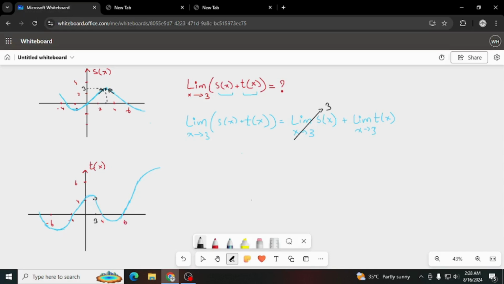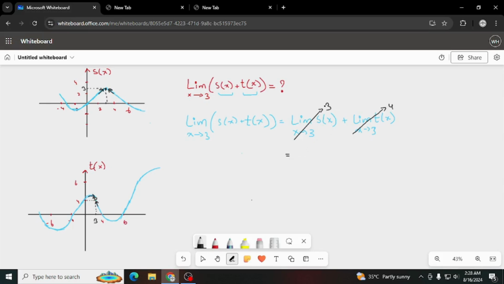We can analyze that this is equal to 4 if you take an estimate. It is approaching 4 from the left-hand side and from the right-hand side. So this is equal to positive 4.